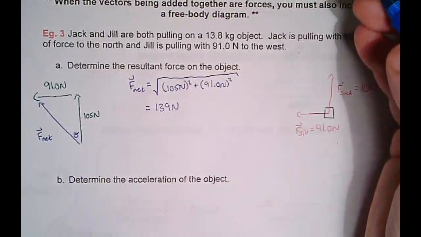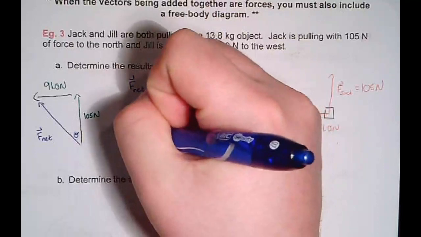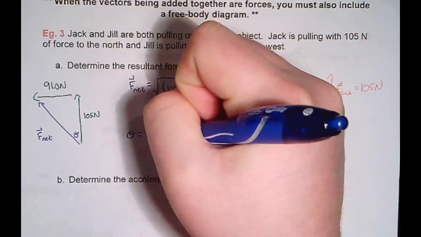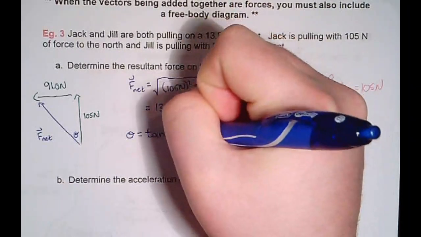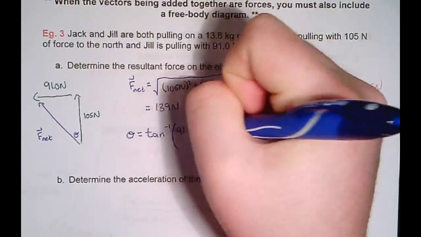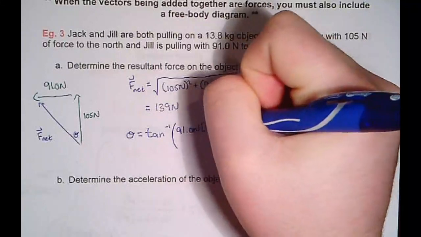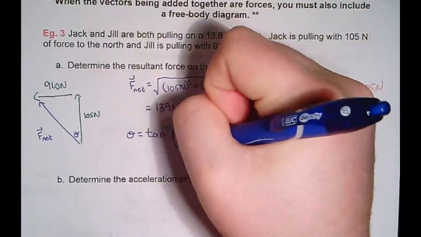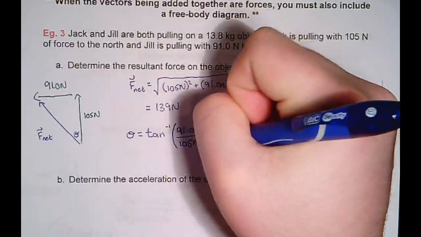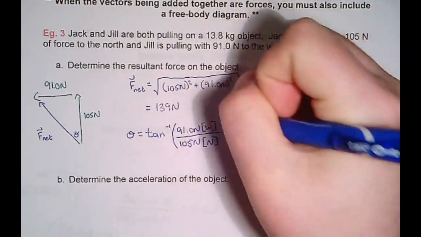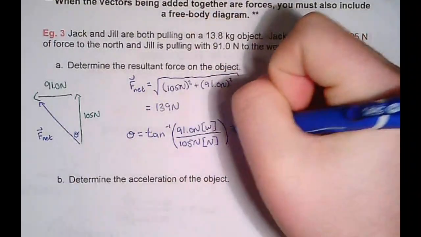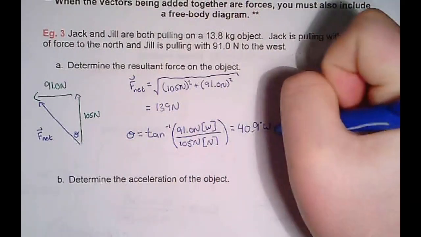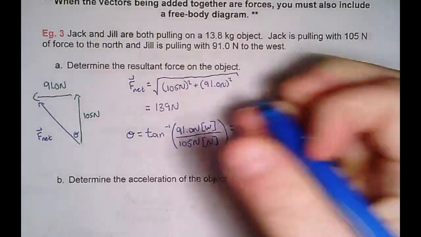The angle is equal to the inverse tan of 91.0 newtons west, the opposite, over the adjacent, 105 newtons north, which gives us our final answer of 40.9 degrees west of north.